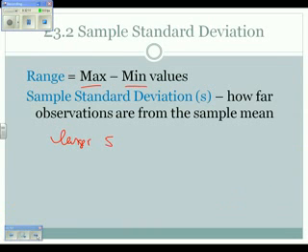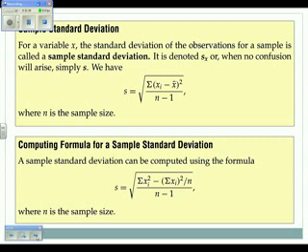The larger S is, the more spread out your data is going to be. There's going to be a lot of distance between each data value and the mean. The smaller S is, the tighter your group of data is. The data is all going to be very close to each other, and all of the data values are going to be close to the mean.